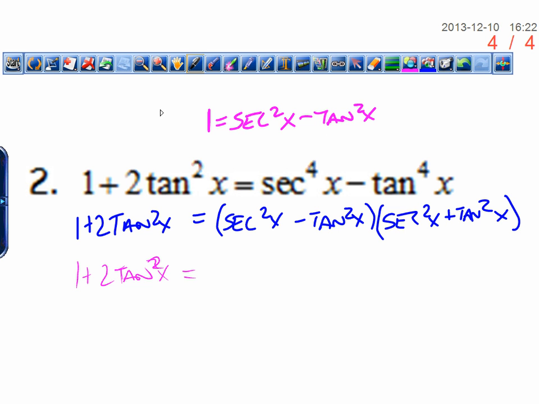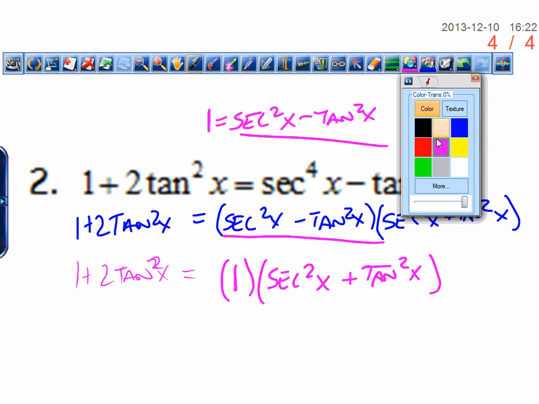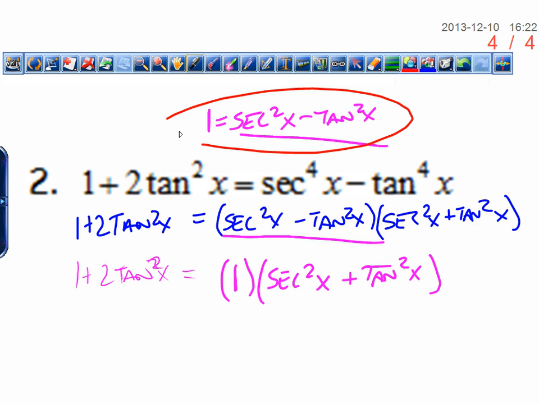On your paper, you might have something like secant squared is 1 plus tangent squared, or something like that. But anyway, secant squared x minus tangent squared x, that's what we have written right there. So that means this is 1. And I got secant squared x plus tangent squared x. Well, no matter what manipulation I do with this, I can't get it to be secant squared x plus tangent squared x. So we're going to have to do a little other manipulation.